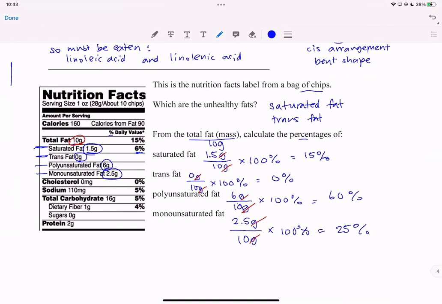Add up the total percentages: 15 plus 60 plus 25 should add up to 100%. So that's what's going on in this label. They're trying to tell you the unhealthy fats, and that can help quite a bit for those on a fat restricted diet.